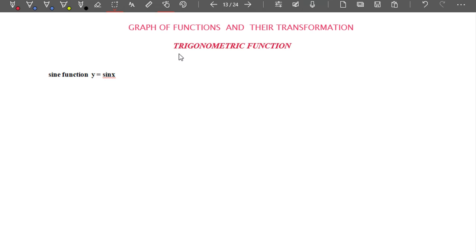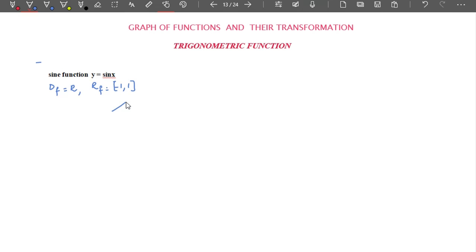Okay, we start with the trigonometric function, sine function. y is equal to sine x. The domain of the function is R. The range of the function is -1 to +1, both values included. Sine starts from 0. Its value is 0 at 0.